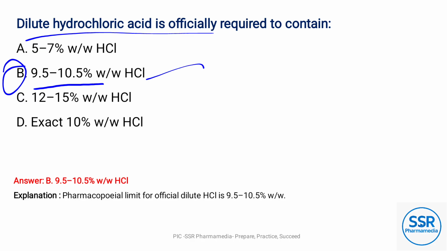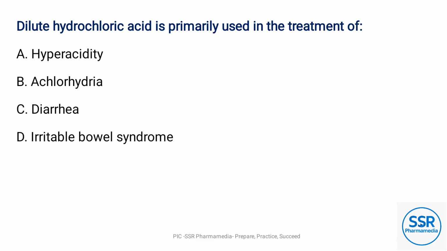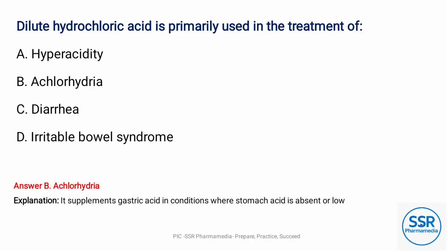This is called dilute hydrochloric acid, and the concentration is very important. Dilute hydrochloric acid is primarily used in the treatment of, option B, achlorhydria, as a gastric acid supplement in conditions where stomach acid is absent or low.